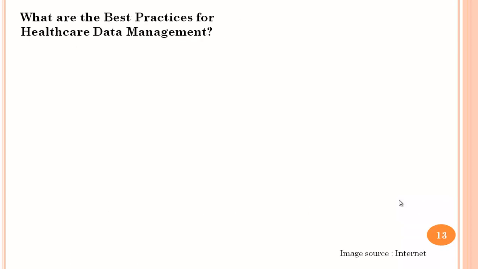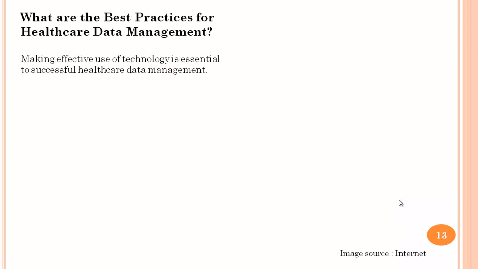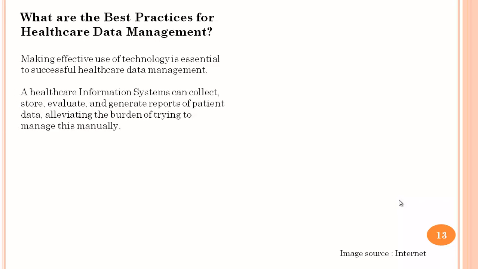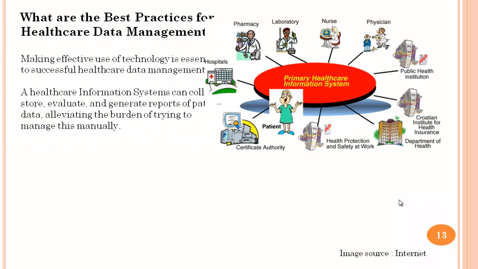What are the best practices for healthcare data management? Making effective use of technology is essential to successful healthcare data management. A healthcare information system can collect, store, evaluate and generate reports of patients' data, alleviating the burden of trying to manage this manually.